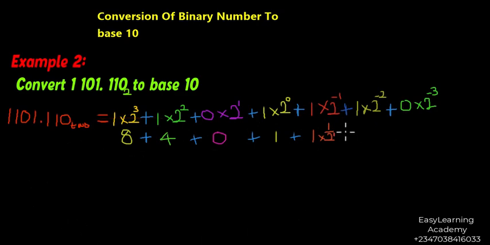So we proceed, still working on the fraction part. Now we are going to work with this one, and that will be 1 times 2. We want to take away the minus first.